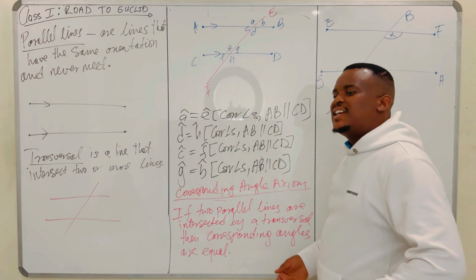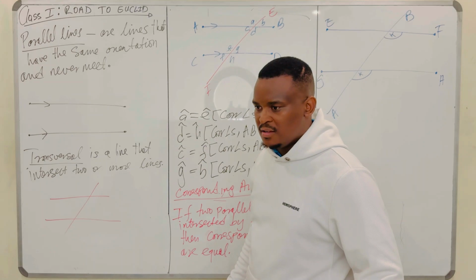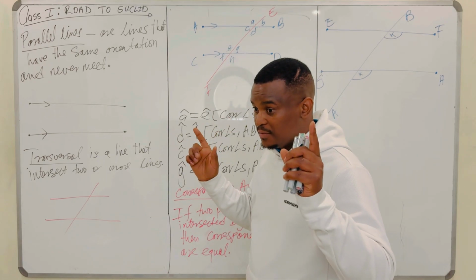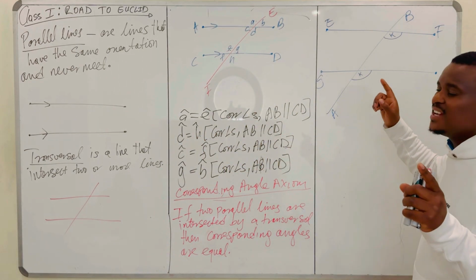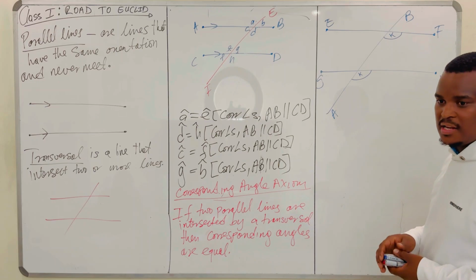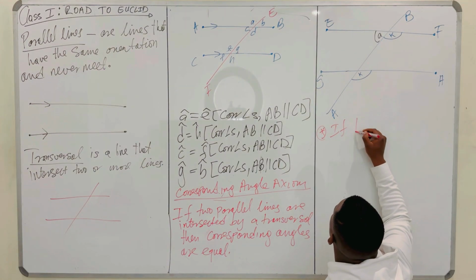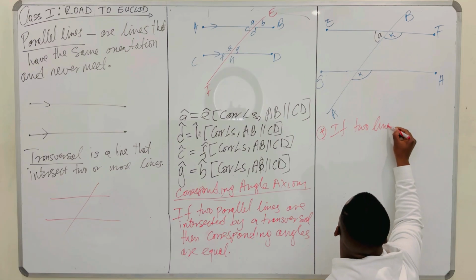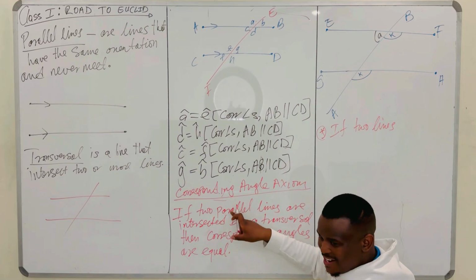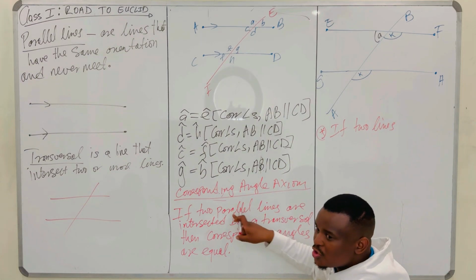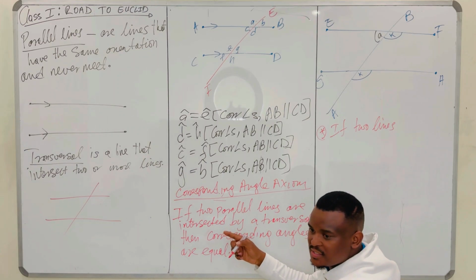From that, it is safe to say that the two lines are what? Are parallel. Before, I said if two parallel lines. Now I'm just talking about lines because I'm going backwards.